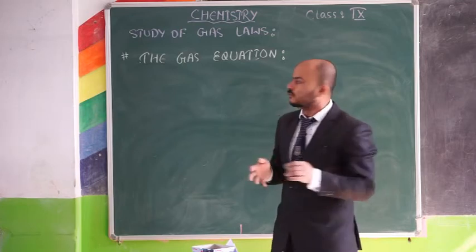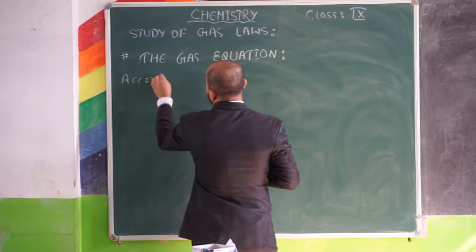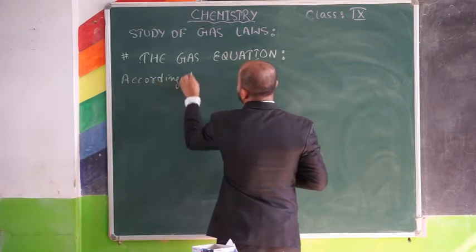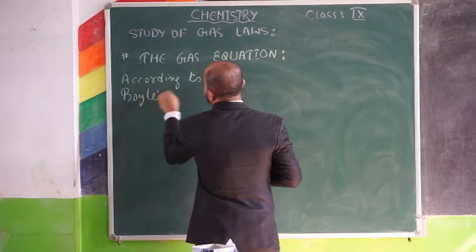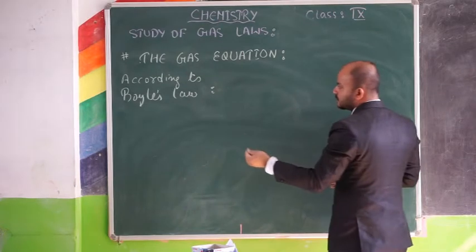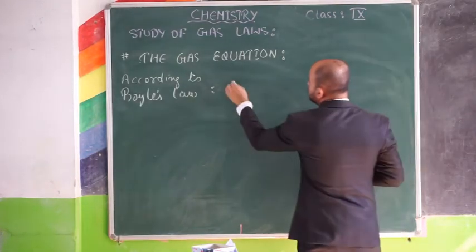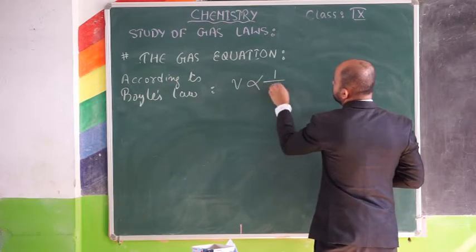Okay. So according to Boyle's law, what do we have? We had temperature was constant and the volume was inversely proportional to pressure.